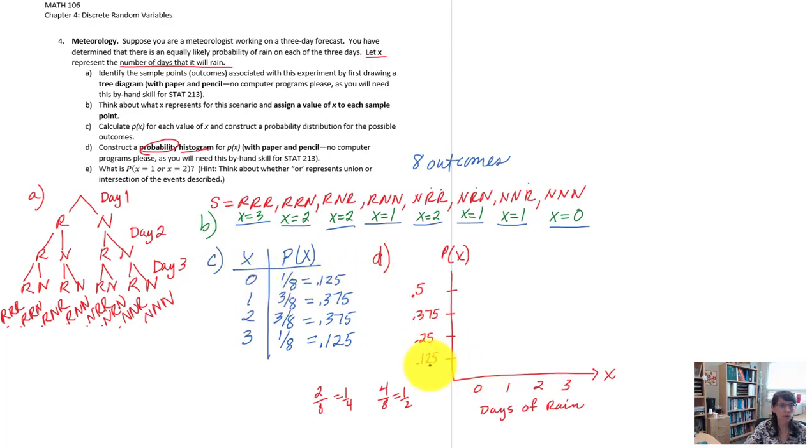So when x is 0, the probability is 0.125. And I like to write the probabilities above the bar so I know exactly what the probabilities are instead of trying to eyeball it. And then x value of 1 has a probability of 0.375. And probability for x value of 2 is again 0.375.